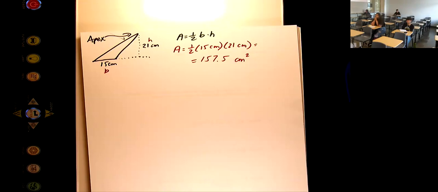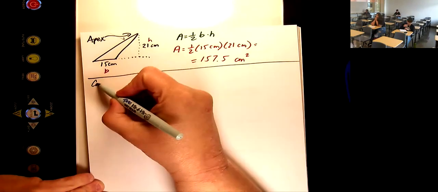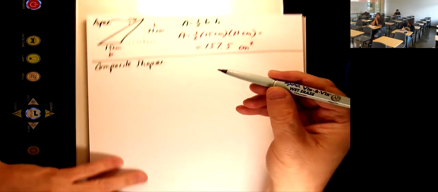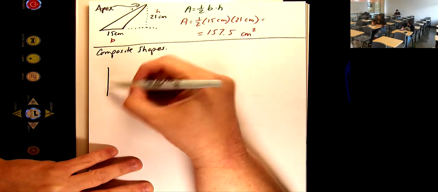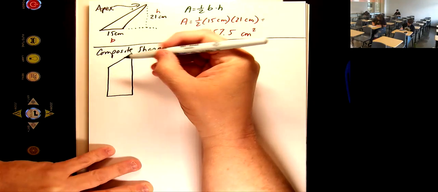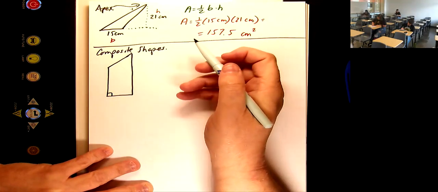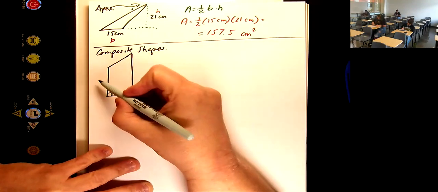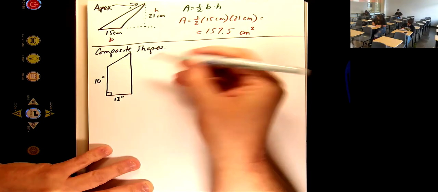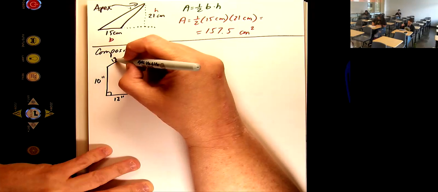Give you a tricky one now. Now let's start looking at composite shapes. So the first one we're going to do looks like this. That makes a right angle, and I didn't draw this to scale very well because I'm going to say this is 10 inches, this is 12 inches, this is 17 inches, and that's 13.4 inches.